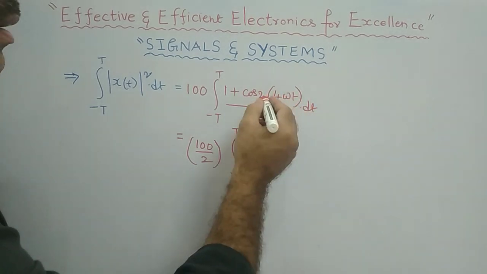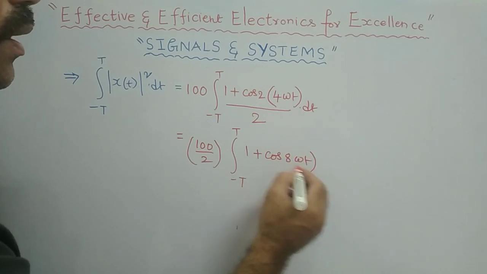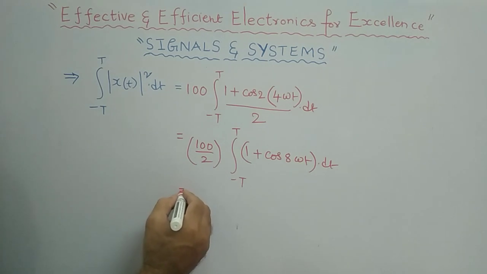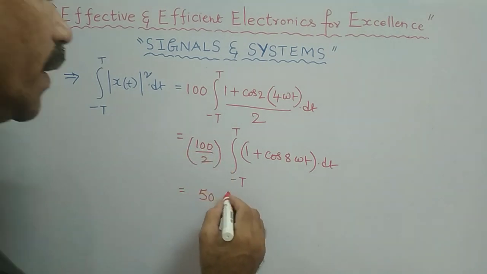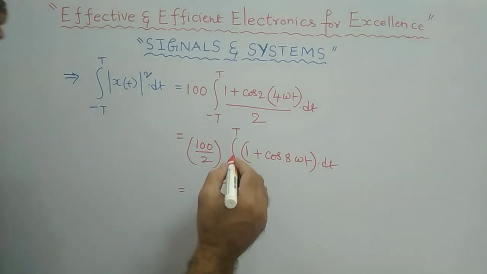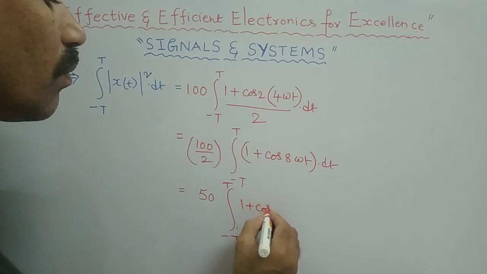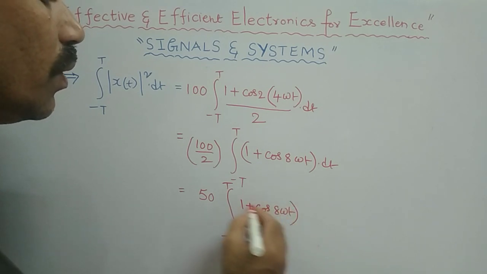You can multiply here. 2 into 4 it is 8 omega t into dt. Clear? And finally this becomes 50. 100 by 2 is nothing but directly 50 into minus T to T. Okay, it is the same, 1 plus cos 8 omega t into dt.